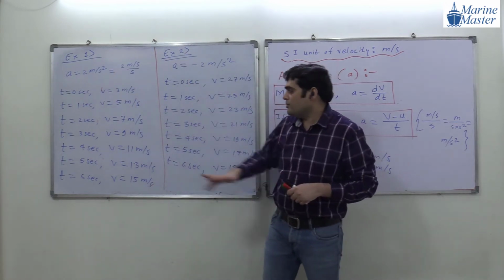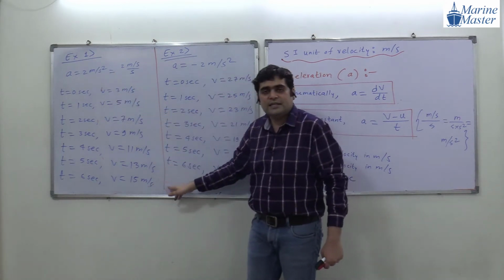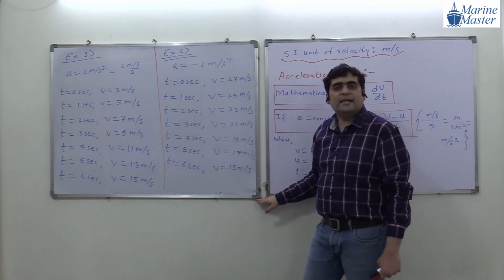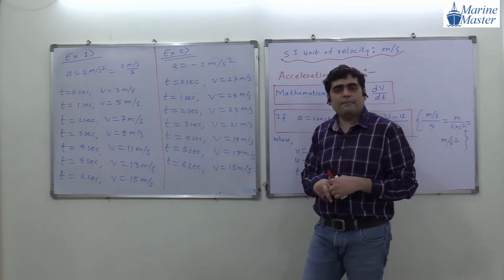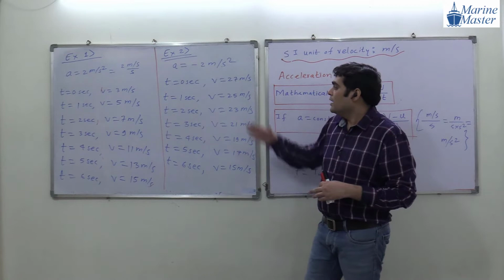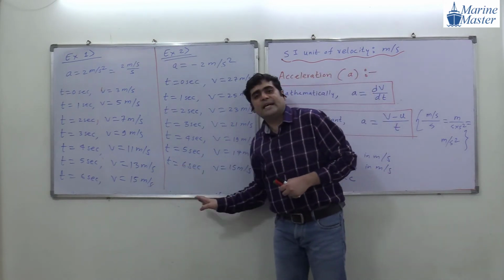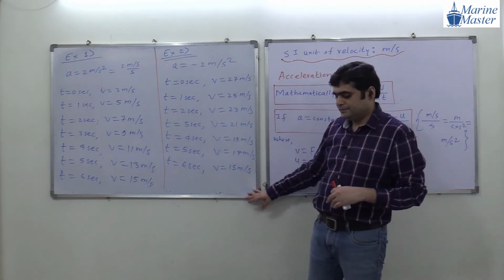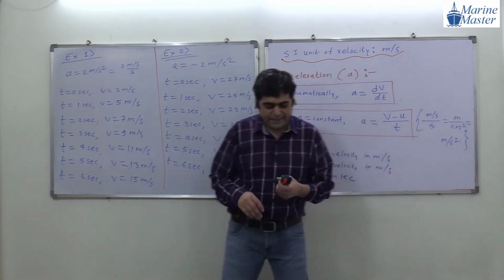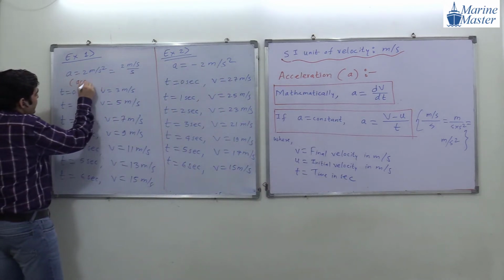Guys, you got both the examples. This example is of acceleration, where velocity is increasing. This example is of deceleration, where velocity is decreasing. Please everyone write down these two examples side by side. Here make it acceleration, in bracket acceleration.